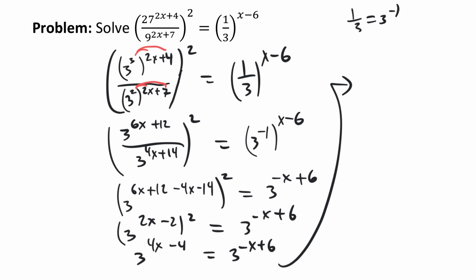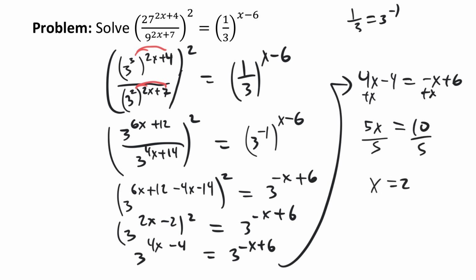Okay, finally I've got a single power on the left, a single power on the right. They're both base 3. So we drop the base and get 4x minus 4 equals negative x plus 6. Move the x over. 5x equals 10. Divide by 5, x equals 2.